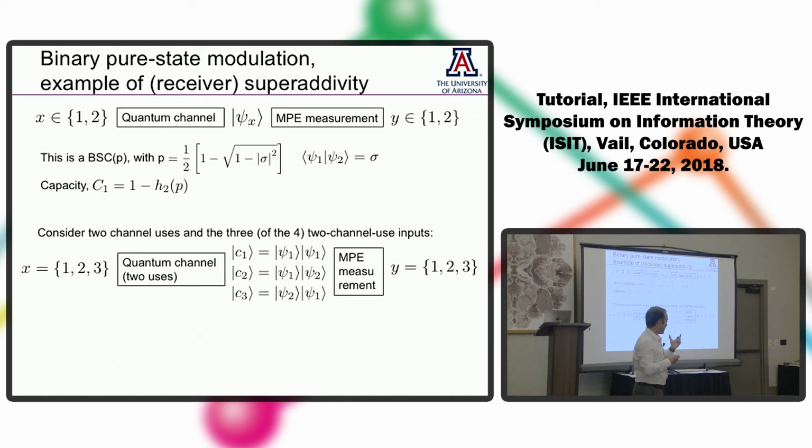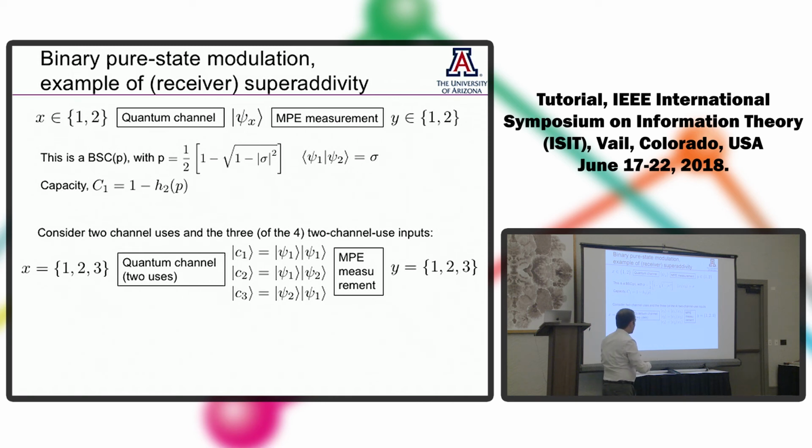So think of 2 uses of that quantum channel, so that at the output, I only produce these 3 of the 4 possible outputs. So now I'm thinking of my input as some other x. This is not this x. So every time I send a 1, I actually send a 1, 1. I send a 2, I send a 1, 2 through the channel, and 3, I send a 2, 1, okay?